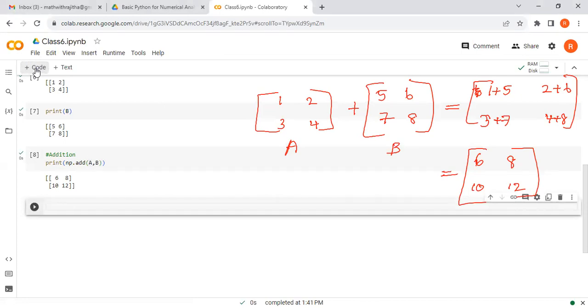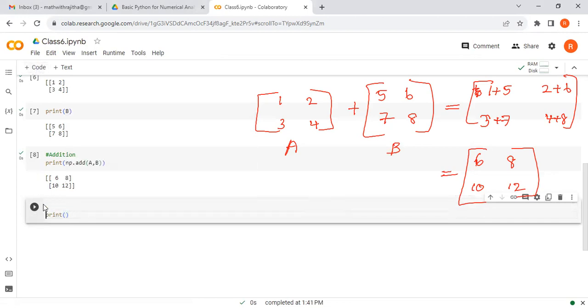Print np.subtract(A, B), subtraction. Do you remember subtraction? I think matrix addition and subtraction is done in your O-level.